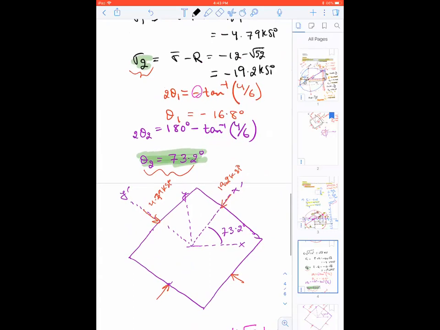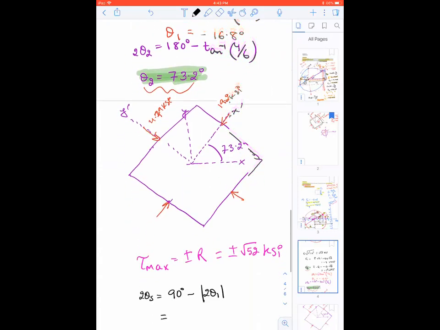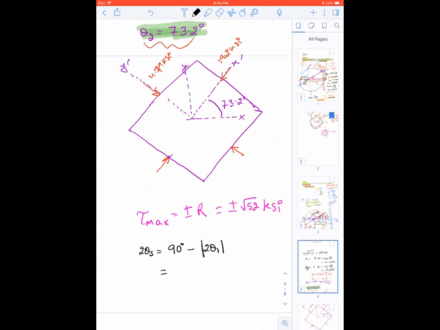How much is the magnitude of my 2 theta 1? It's 16.8 times 2, which gives me 33.6. So my 2 theta s is 90 degrees minus 33.6, which gives me around 56.4 degrees.